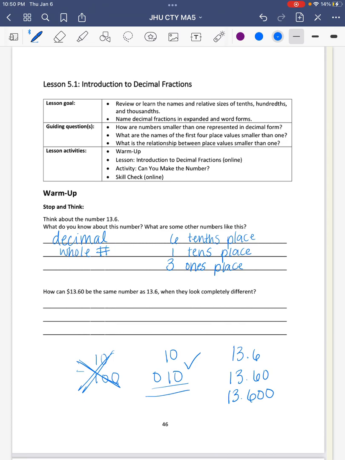All of these are actually equal. 13.600 is no bigger than 13.6 because it's really not 600ths, it's 13 and 6/10ths. Because there's a 0 in the hundredths place and a 0 in the thousandths place.